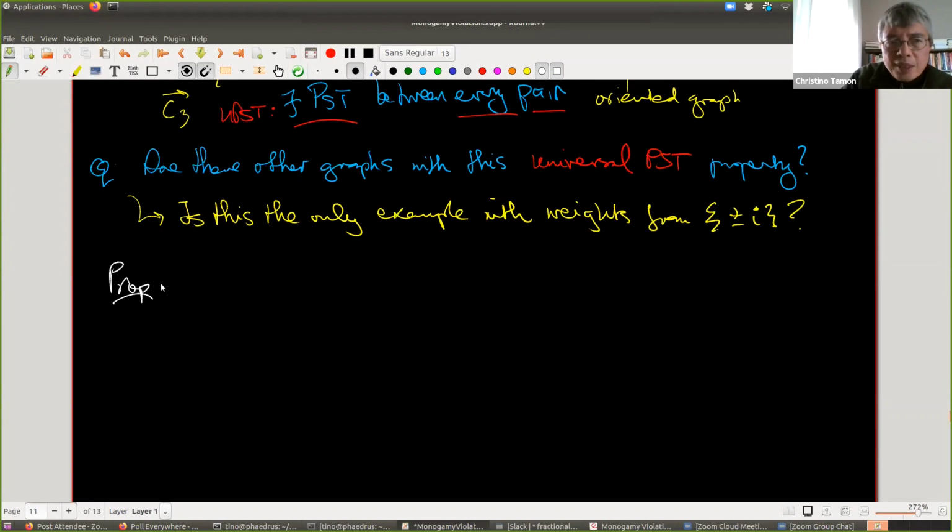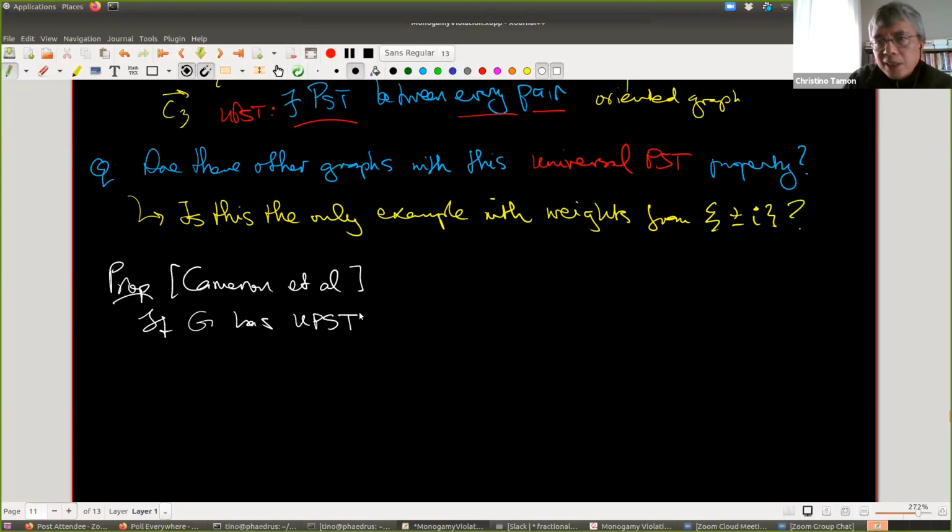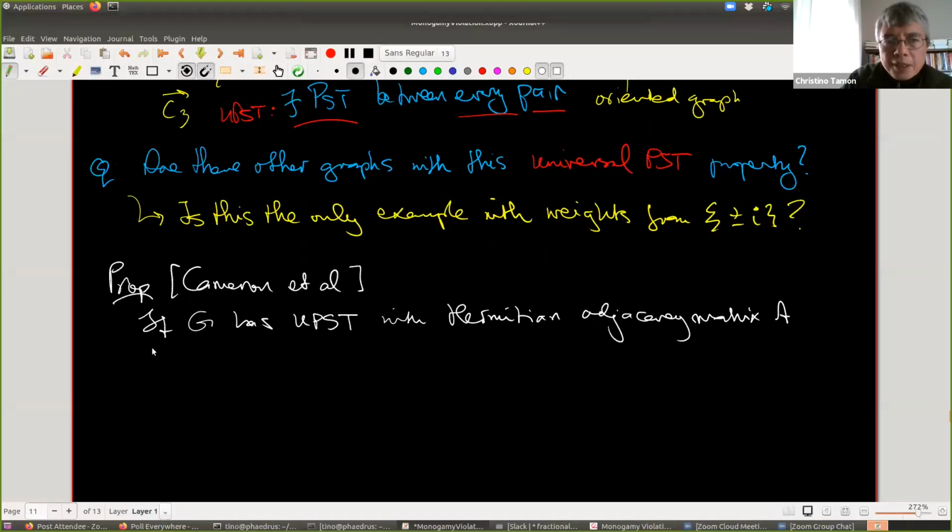So what we know, from some joint work with some RU students, is that if a graph has this universal PST property with Hermitian adjacency matrix A, for example, then we know some properties of this graph.